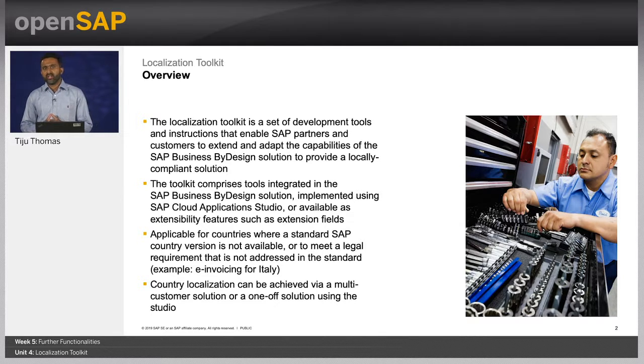The result is that enabling a country for a customer or subsidiary is typically easier than implementing a country localization. Country localization can be achieved via a multi-customer solution or a one-off solution using the Cloud Application Studio.